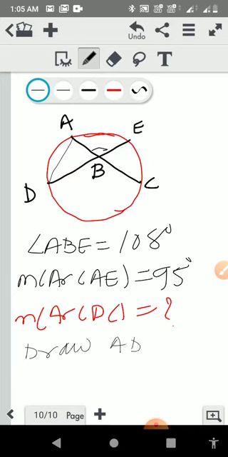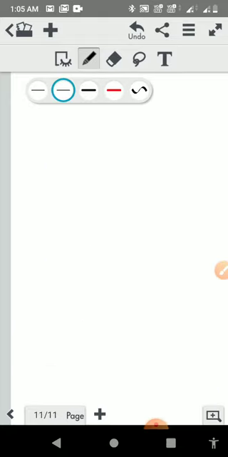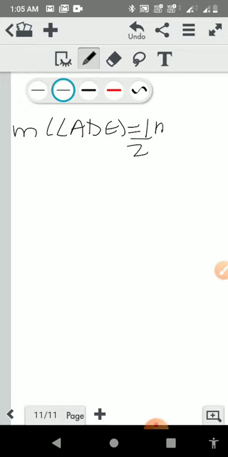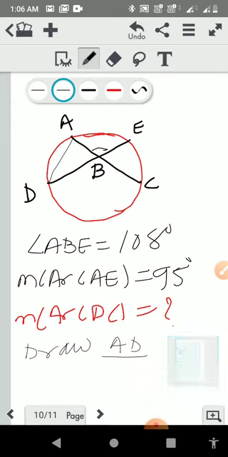So I am doing this construction, draw AD. Then I will use a fresh page. The measurement of angle ADE is equal to half of the measurement of arc AE, according to the inscribed angle theorem.